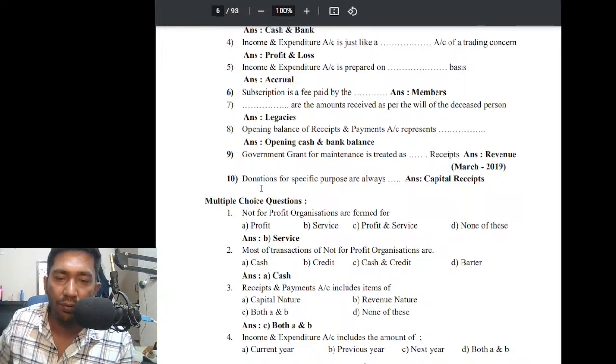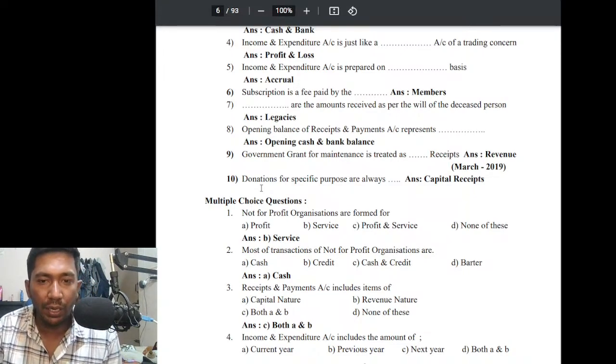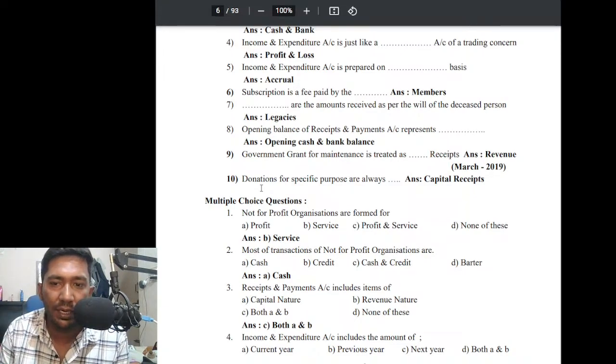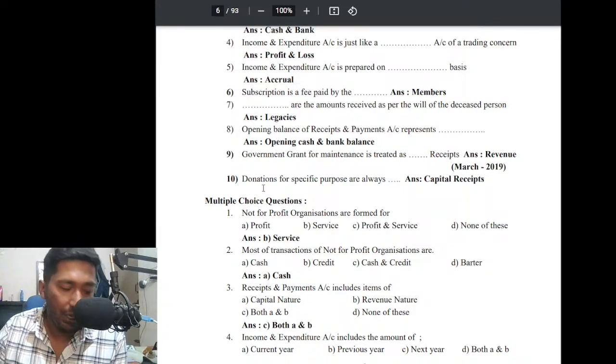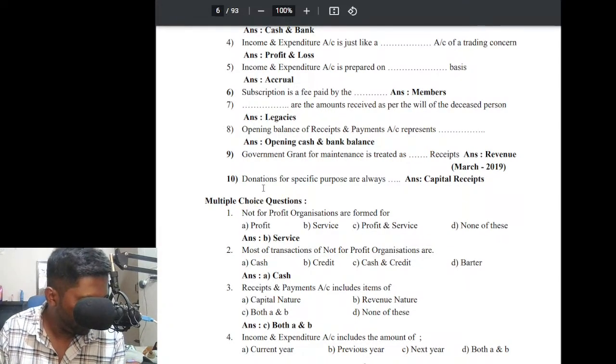If you are giving for a general purpose, it is revenue, but if you are giving for a specific purpose, then it is considered a capital receipt. Hope you are getting it, guys.